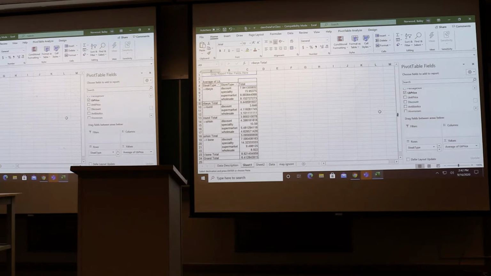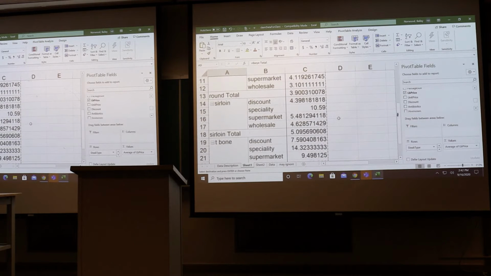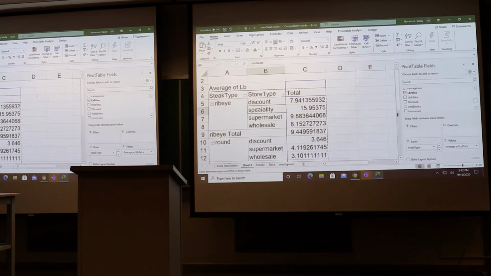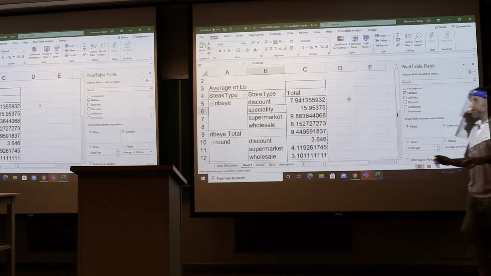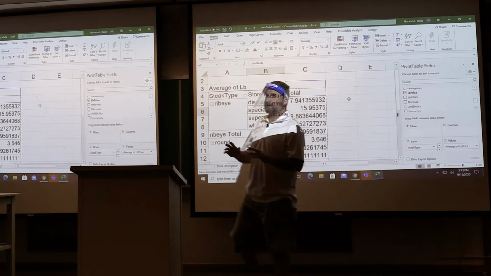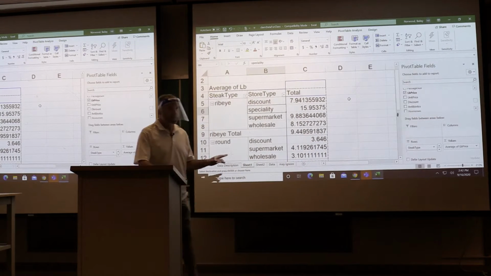Suppose in this example, I asked you, instead of what is the price of ribeye at a discount store versus a specialty store versus a supermarket store, I asked you the average price of ribeye across all stores.